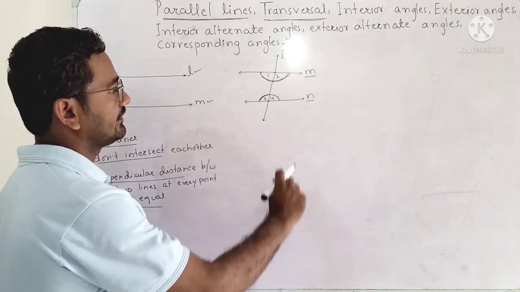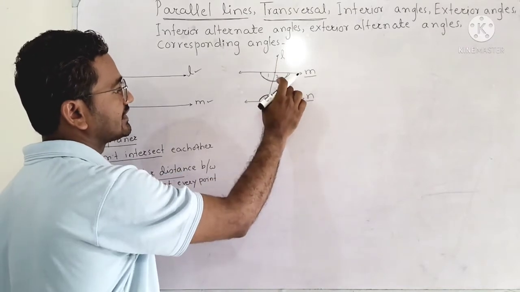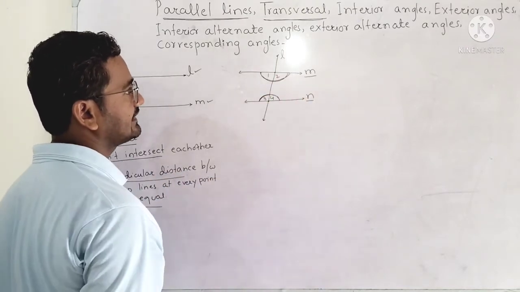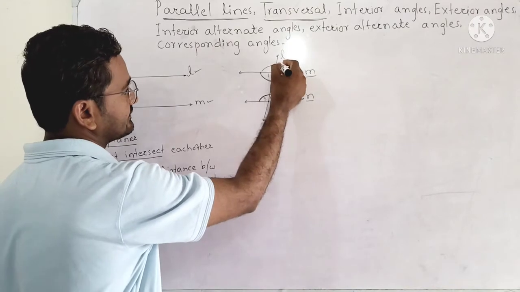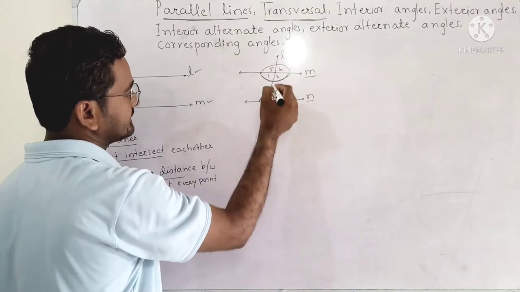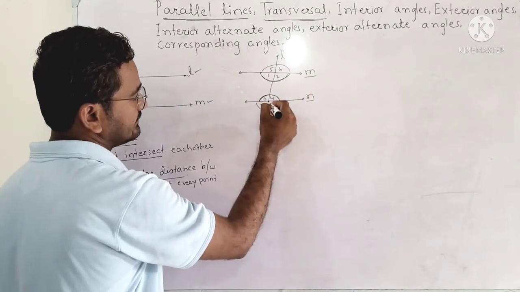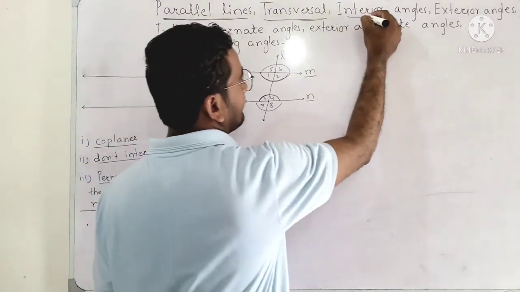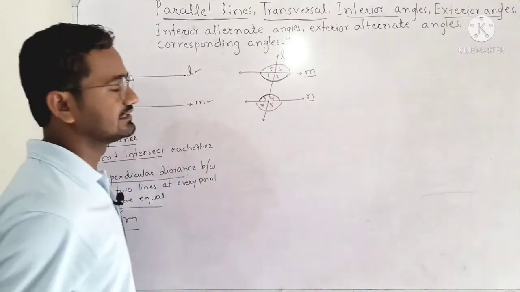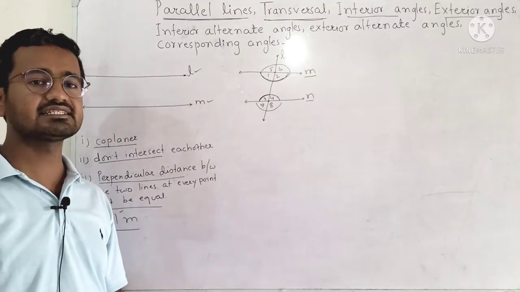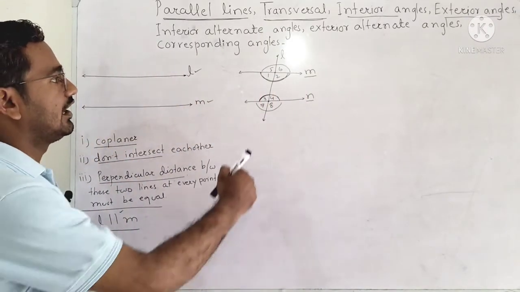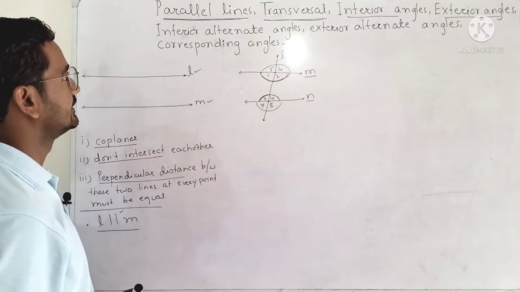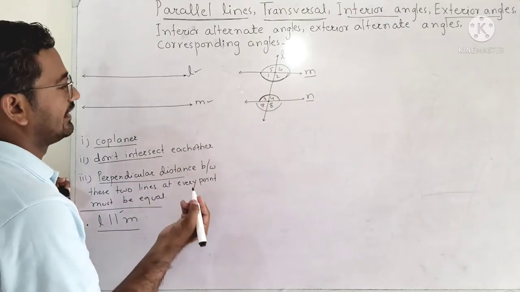Interior angles must lie inside of these parallel lines. Then exterior angles: angles 5, 6, 7, 8 are called exterior angles. Interior angles lie inside of these parallel lines, while exterior angles lie outside of these parallel lines.